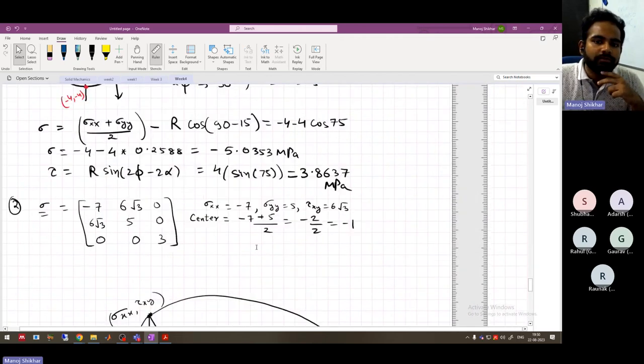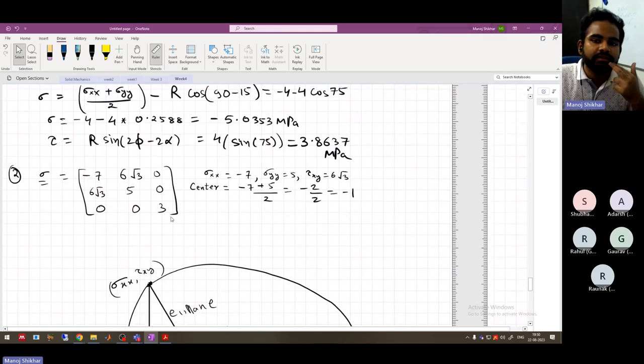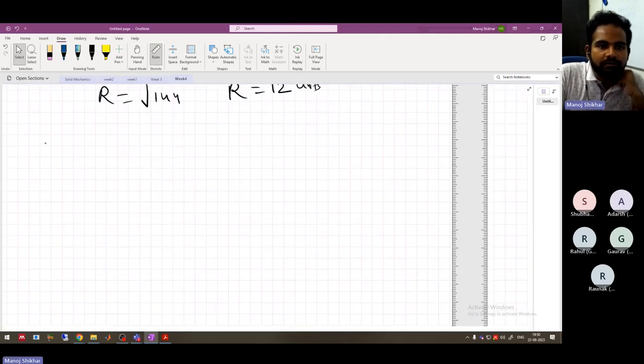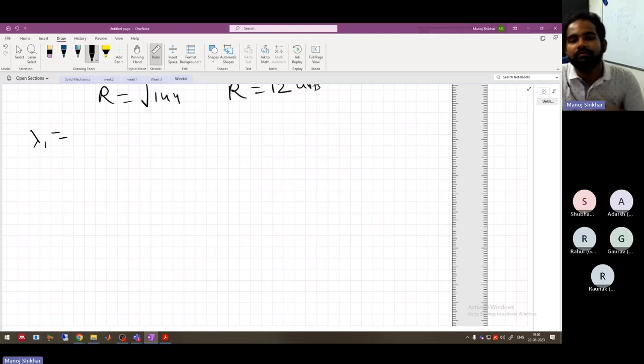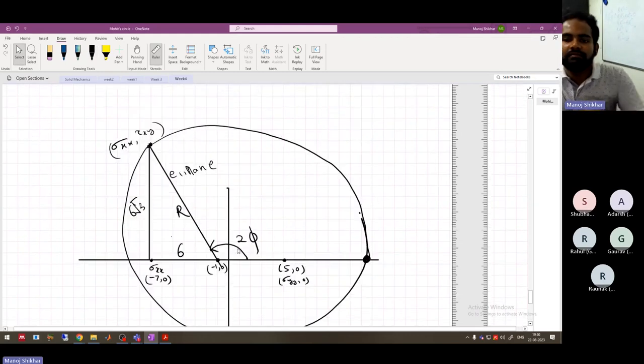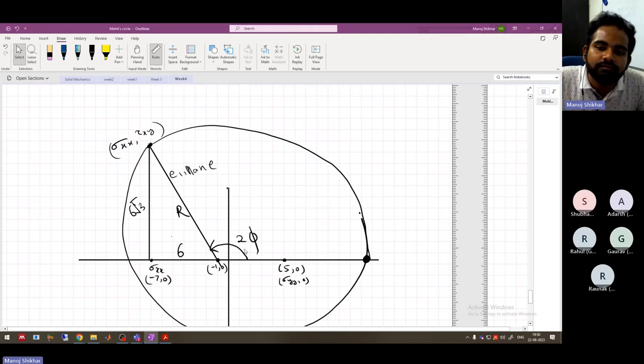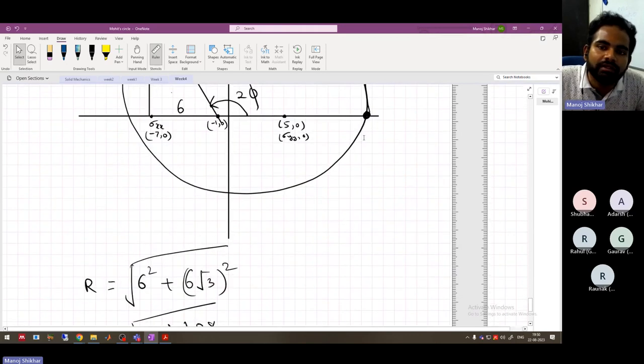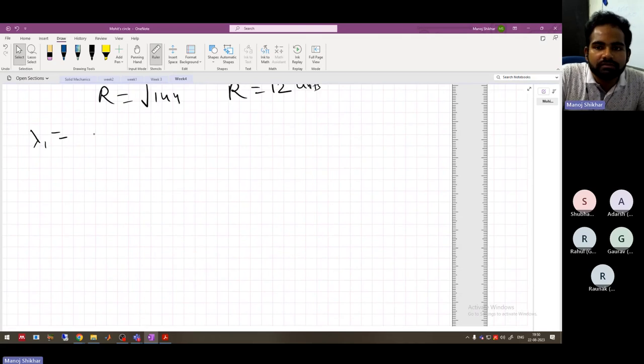We already know one of the principal stress components, it is 3. And we can see that lambda 1 will be somewhere here. So we know that this 3 is lambda 2. So what is our lambda 1? Center is at -1 and the radius is 12. So -1 plus 12, the total distance will be 13. So lambda 1 is 13 units.